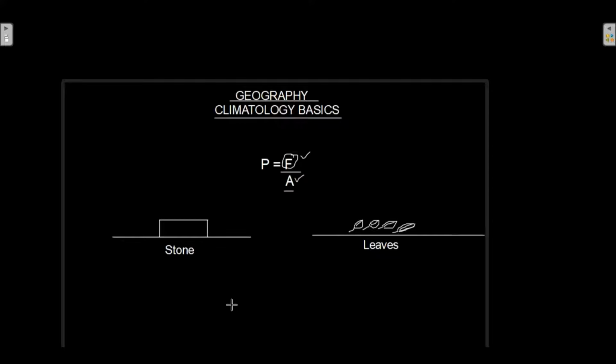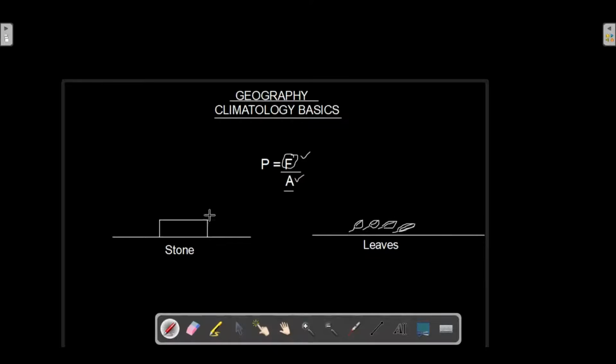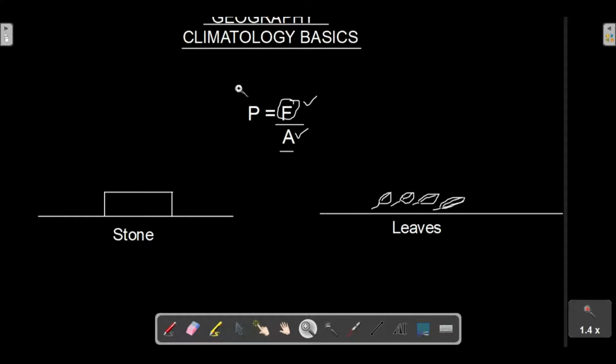I'm sure that most of you would definitely say that it is the stone. Why? Because it is heavy. But of course, that doesn't serve as the full explanation, or rather a better explanation.